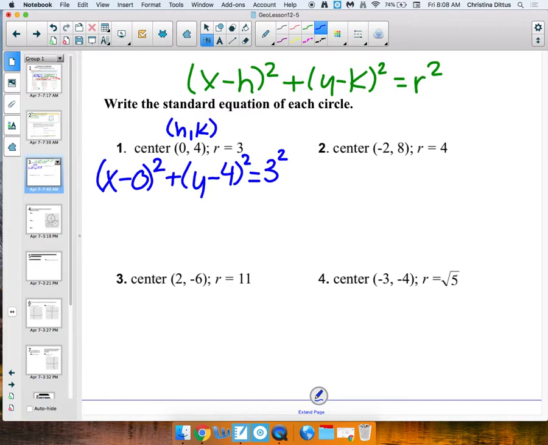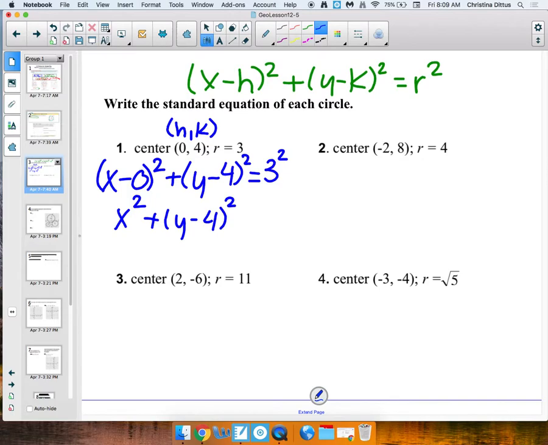If I take a number and subtract 0, what do I get back? Same number. So anytime you have x minus 0, we're just going to write x squared. Can I do that same thing with y minus 4? No. Plus y minus 4 squared.